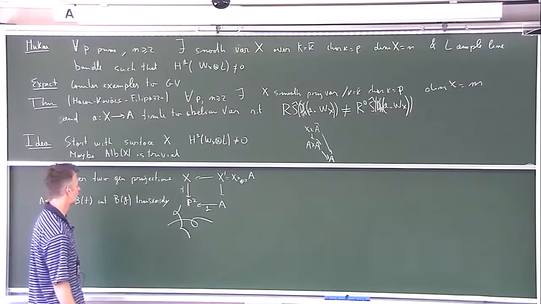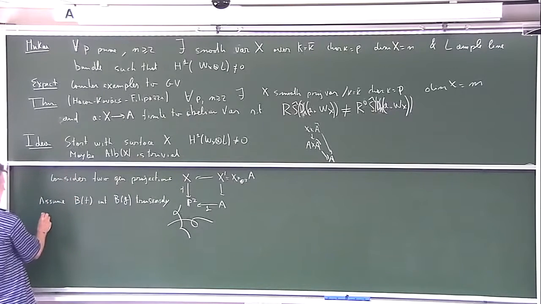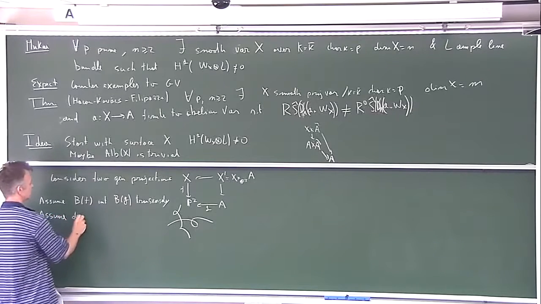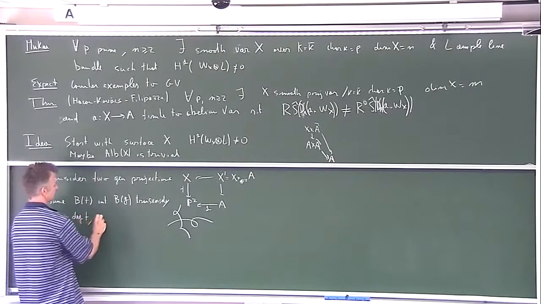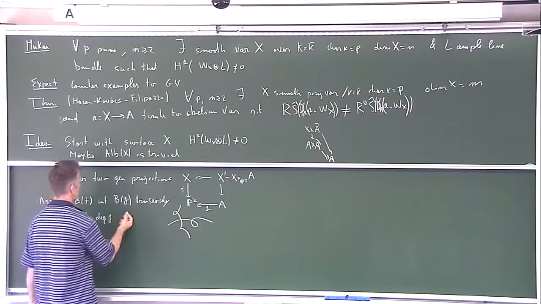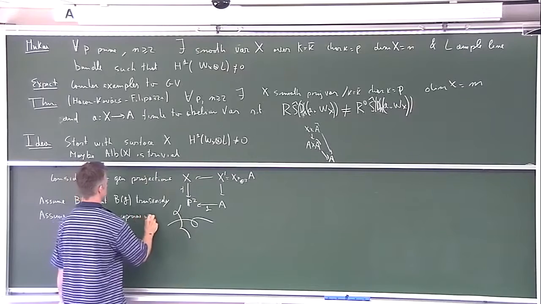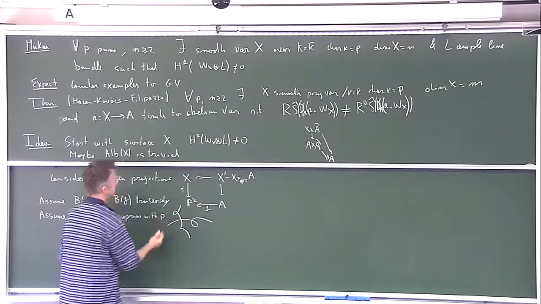Okay, so also I can arrange things such that the degree of F and the degree of G are coprime to p. This is not completely obvious.